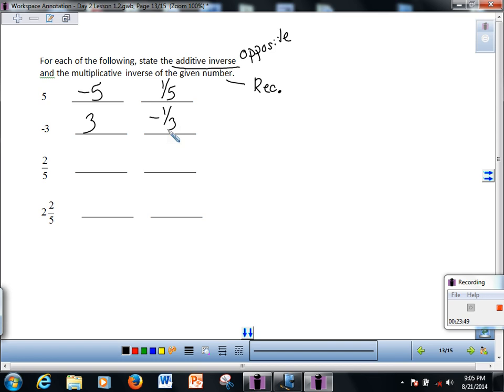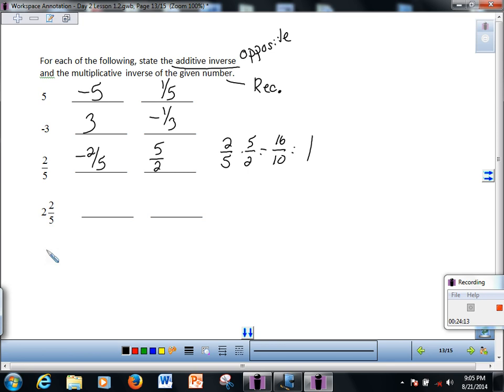For 2/5, the additive inverse is the opposite, -2/5. The multiplicative inverse is 5/2. The reason that is, guys, 2/5 times 5/2 is 10/10, which is 1.